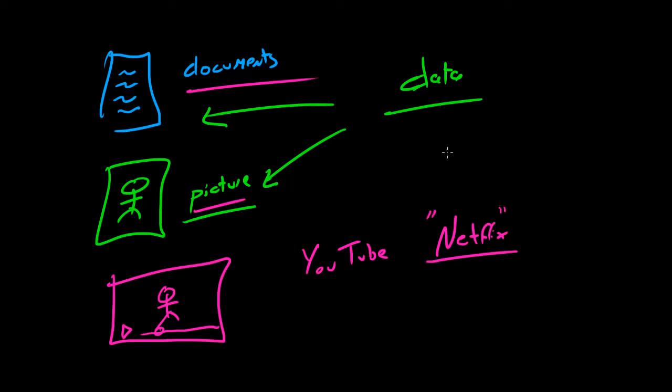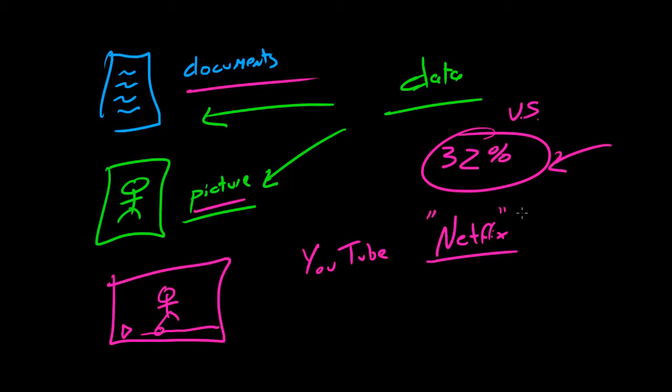Did you know that Netflix is responsible for more than 32% of the entire bandwidth in the United States? Isn't that freaking amazing? And we'll talk about why videos use so much data. But anyways, these are the different types of data that we can transfer computer to computer in a computer network.